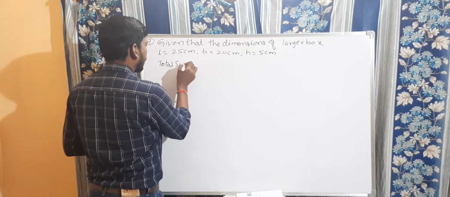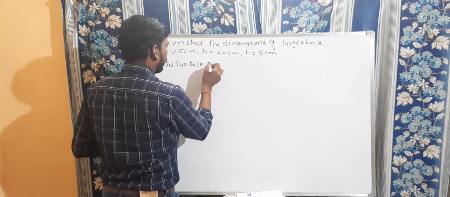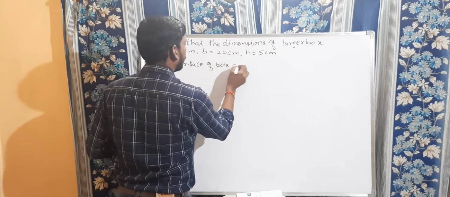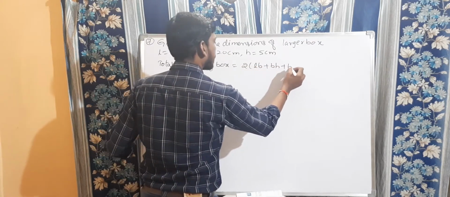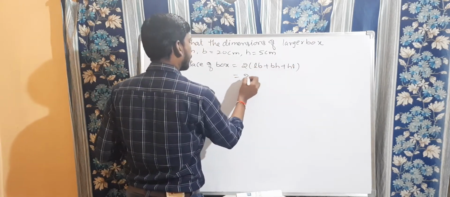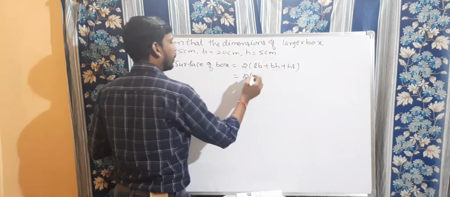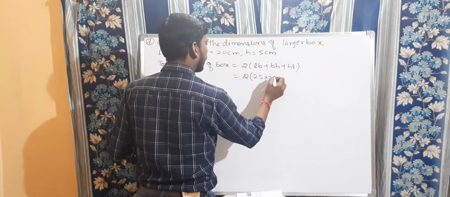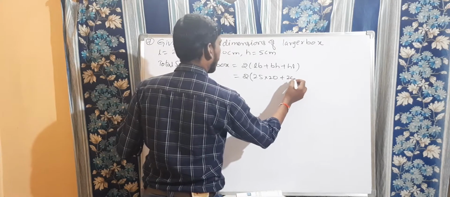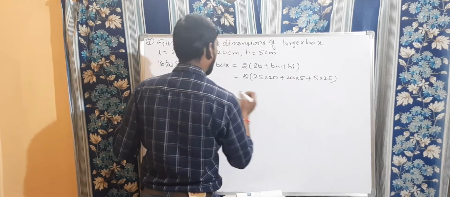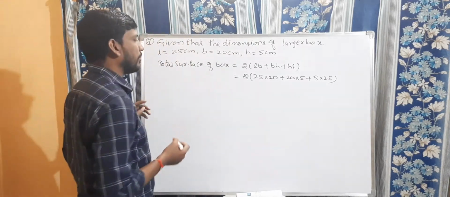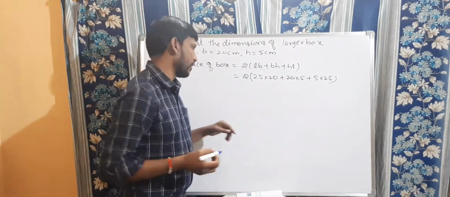Total surface area of the box is equal to 2 into (LB plus BH plus HL), which is nothing but 2 into (25 into 20 plus 20 into 5 plus 5 into 25). So you have to substitute the values in the place of LB, BH and HL.